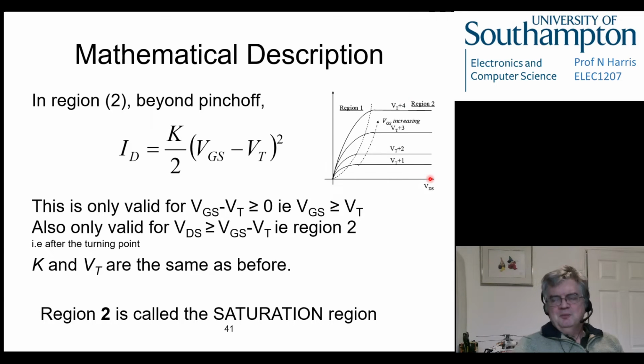Now remember, in the bipolar, the equivalent of region 1 was called the saturation region. So we've got an instant confusion in terms of definitions of what these spaces are called, depending on if you're talking about bipolar transistors or if you're talking about FETs.